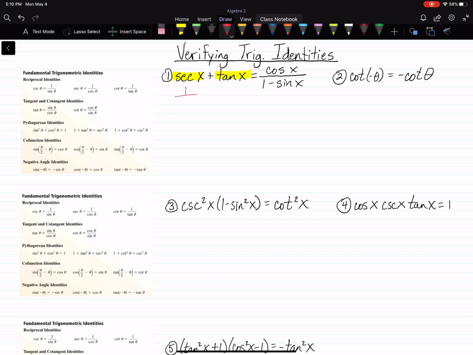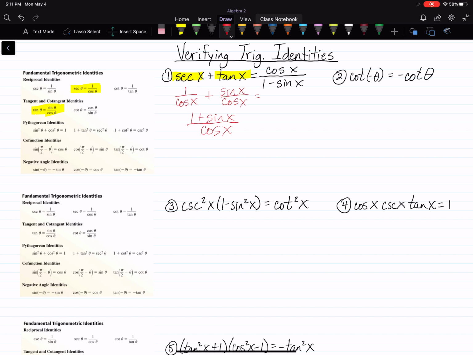So this is 1 over cosine x plus sine x over cosine x, and I found those right there and right there. Those are the two identities I just used. Since the denominator has cosine x for both of them, I can write that as one fraction, 1 plus sine of x over cosine of x.